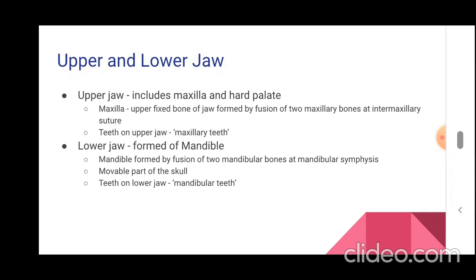Lower jaw: the lower jaw is formed of the mandible bone. The mandible is formed by the fusion of two mandibular bones at the mandibular symphysis. This lower jaw is the only movable part of the skull. Teeth on the lower jaw are known as mandibular teeth since they are present on the edge of the mandible in the lower jaw.